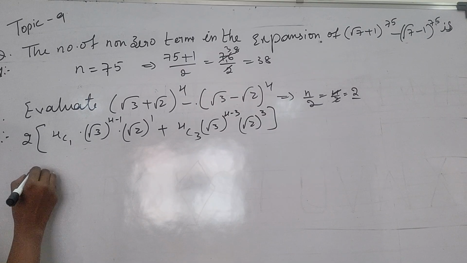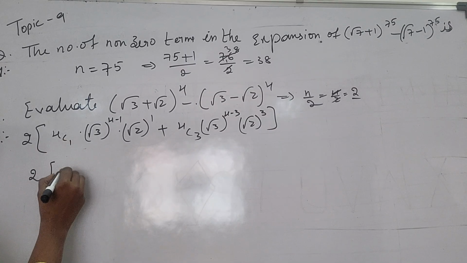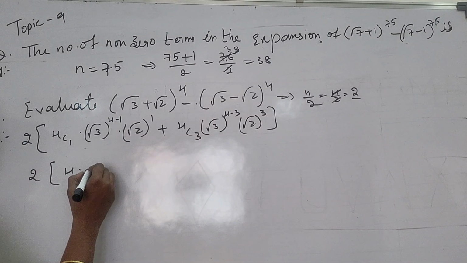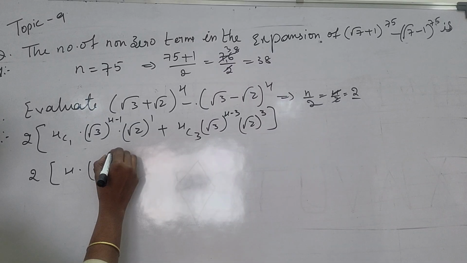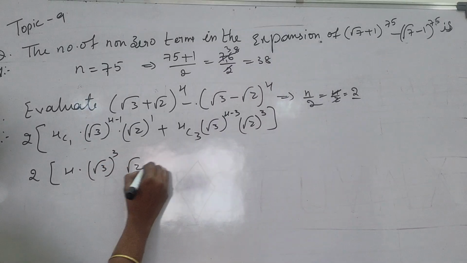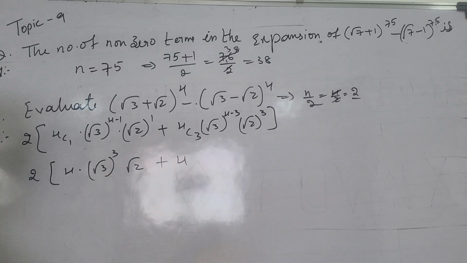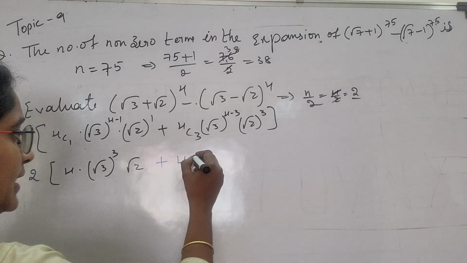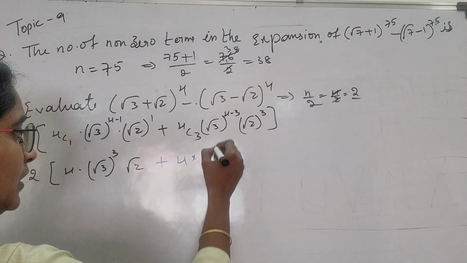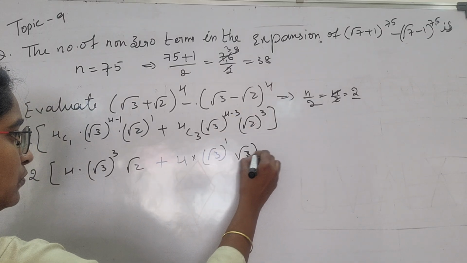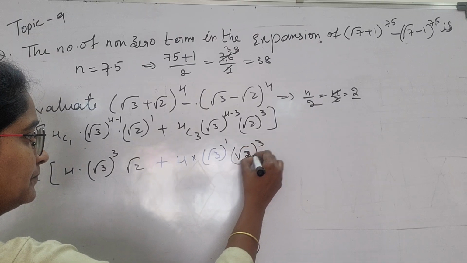And now we need to evaluate. We need to calculate. 4C1 is 4. Then this is root 3 power of 3 and root 2, plus this is 4 only we are going to get from the last. 4C1 is 4, 4C4 is 1, and 4C3 from the last to the second is 4, and then here it is root 3 whole power of 1 and root 2 whole power of 3.